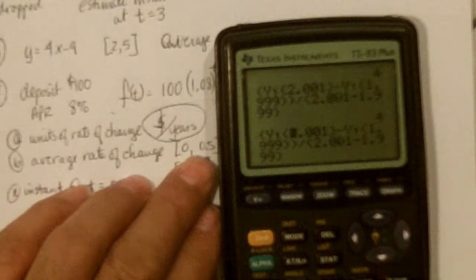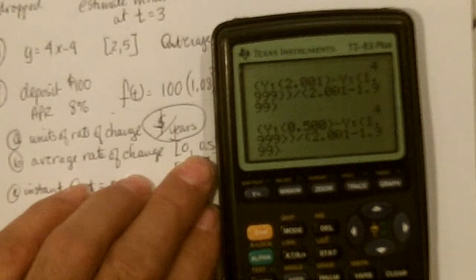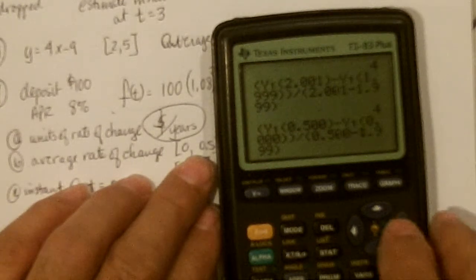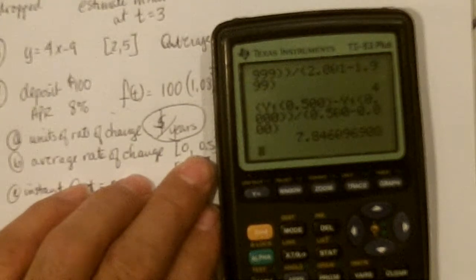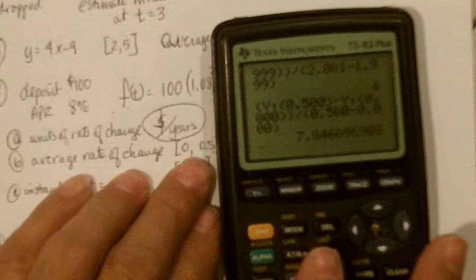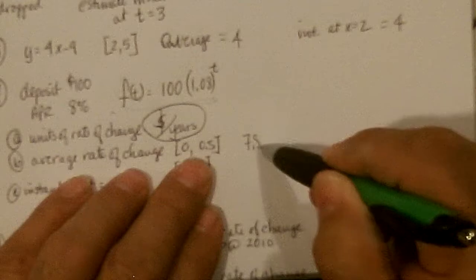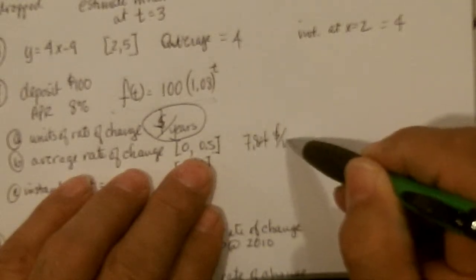So I'm going to put in 0.500 and then 0.000, and on the bottom I'm going to put 0.500 minus 0.000, and it says the average rate of change is 7.84 dollars per year.